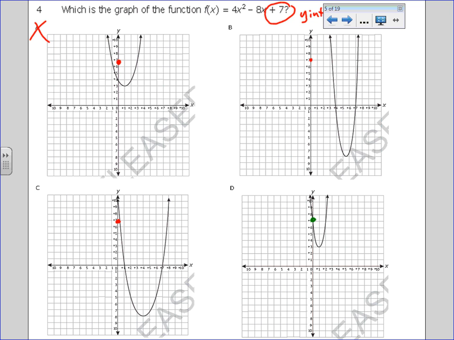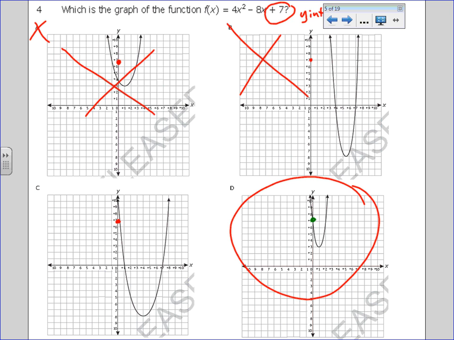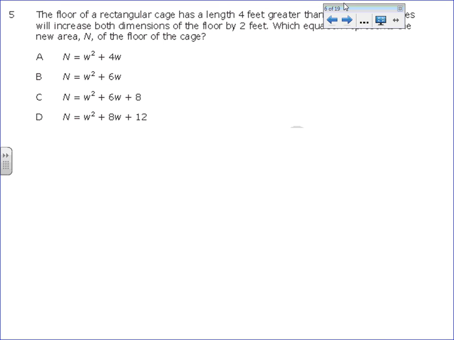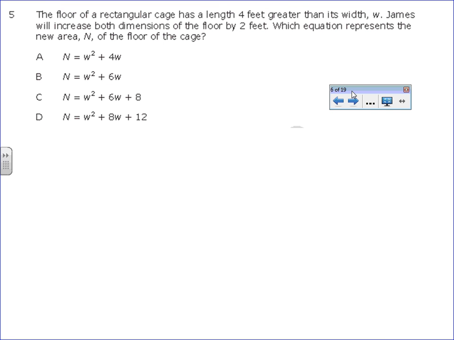This one kind of looks close, but it's not quite, so we'll come back to that. Okay. This is definitely not touching it. This is out. These two are out for sure. Now, of the two of them, which one's really crossing at 7? C.